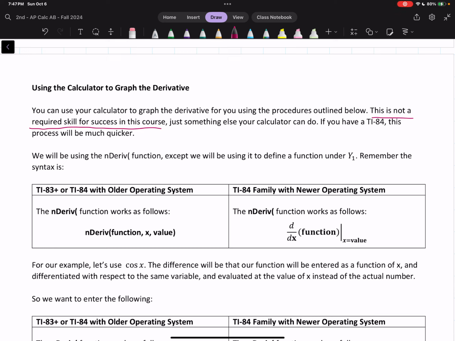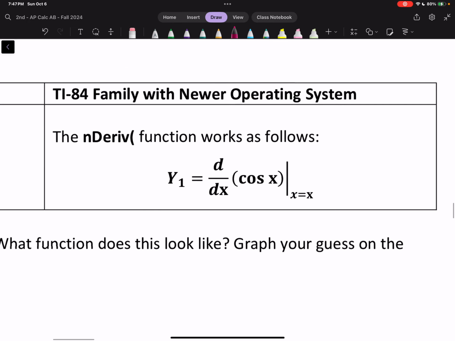But it's nice to know that your calculator can give you a visual for the derivative of a function. Since we've got TI-84s in our classroom, I'm going to skip just to this part here. I don't have a TI with me, but if you go into your y equals and go into y1, then you can use the nDeriv function within y1 and type it in the same way you would as if you were evaluating the derivative at a point.